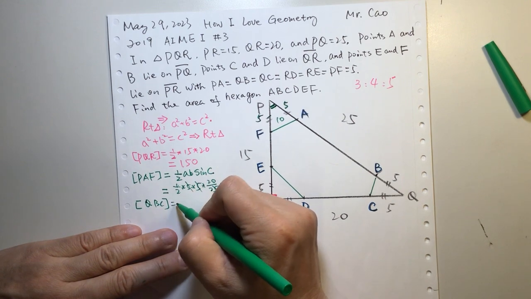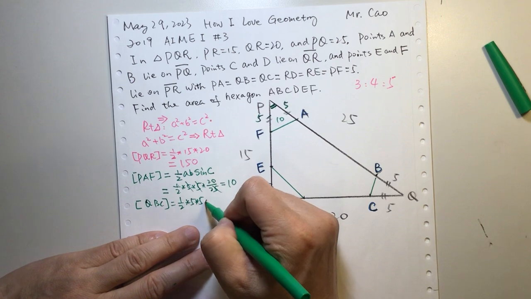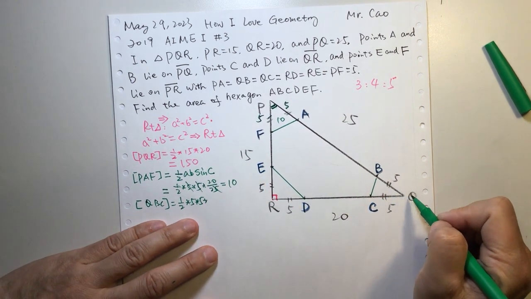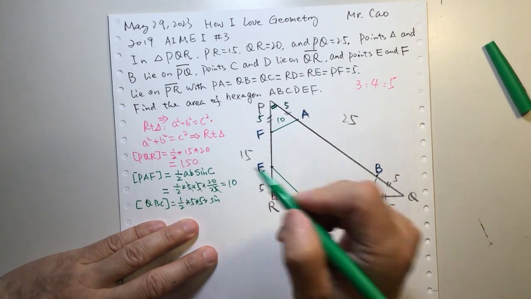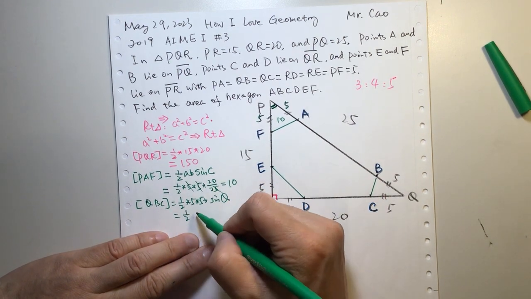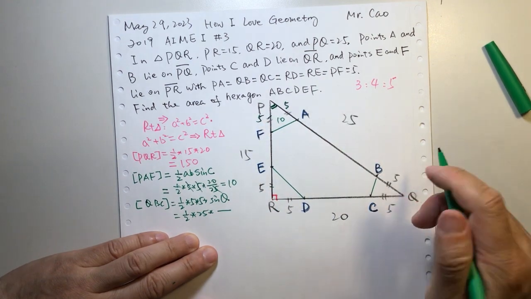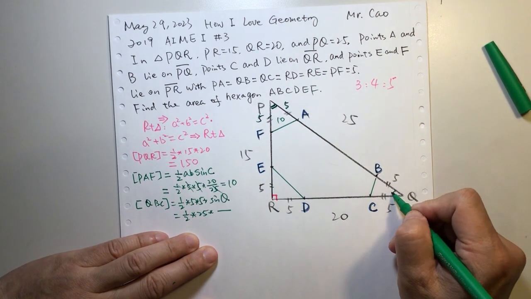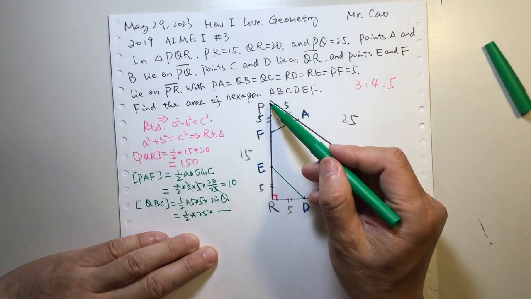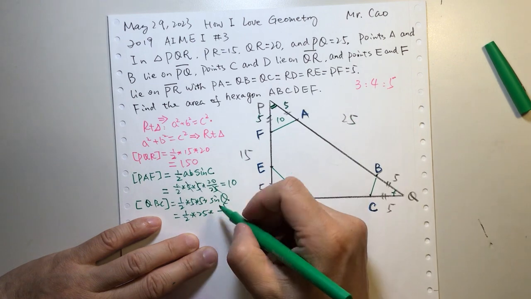And the same thing for QBC: it is 1/2 times 5 times 5 times sine Q. For angle Q, the opposite side is 15 and the hypotenuse is 25.